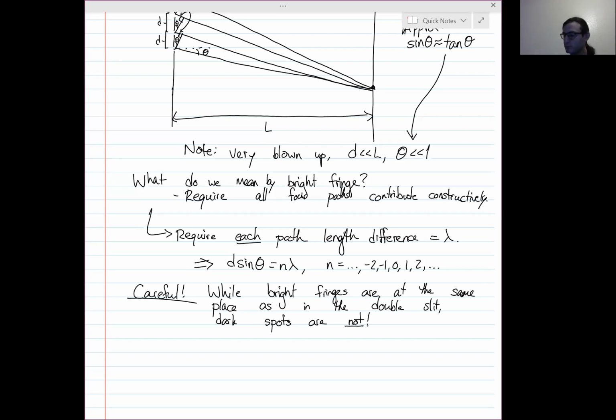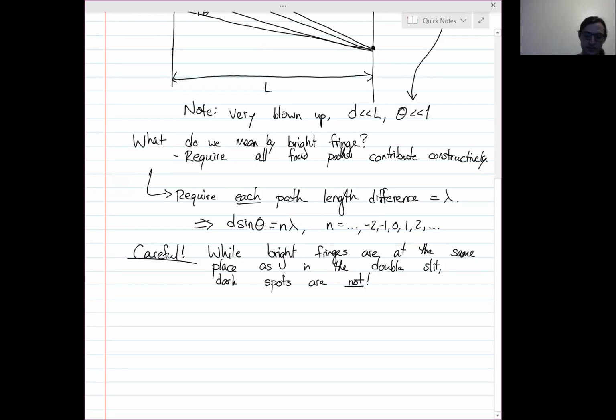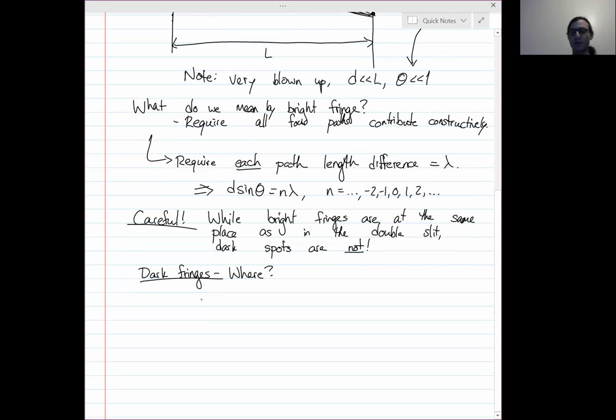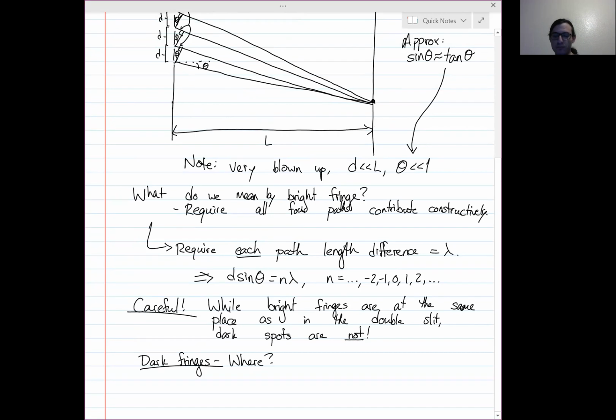So how do we get dark fringes? Well, in order to have a dark fringe, we need to have destructive interference between all 4. Right.